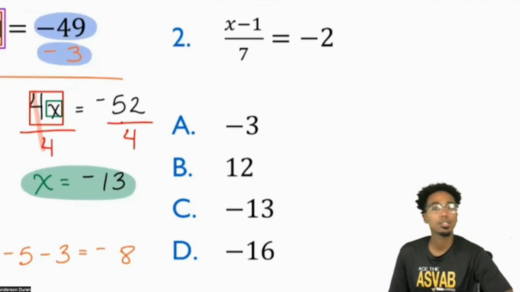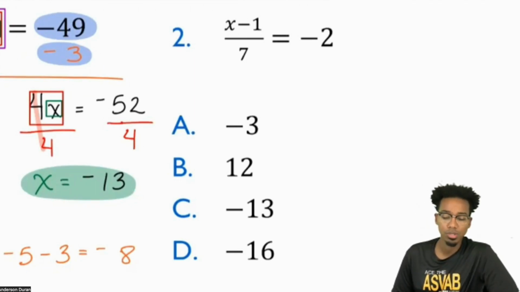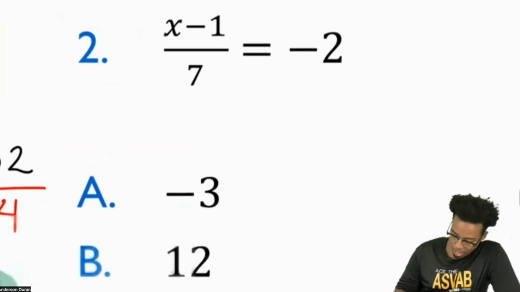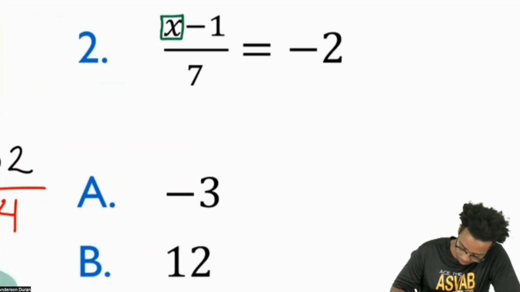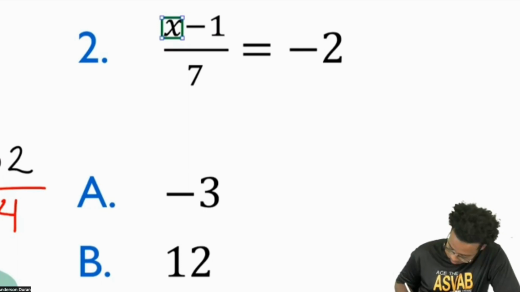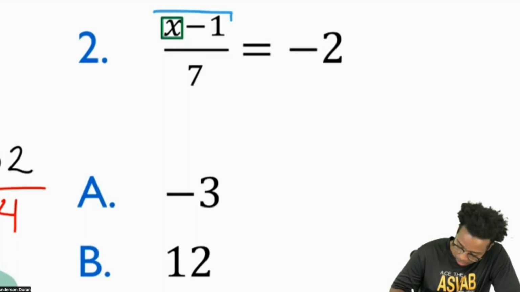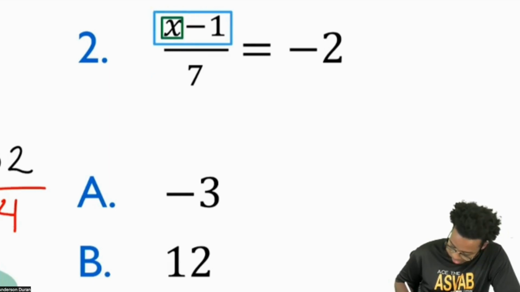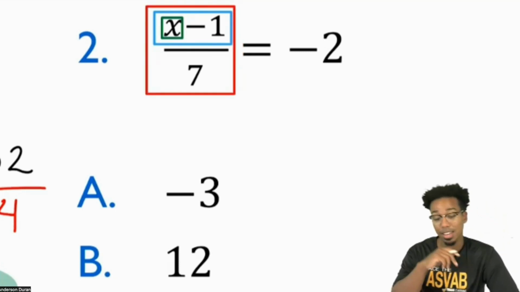We have x minus 1, all of it over 7, equals negative 2. So if we're taking a look at what's happening moving forward, I'm trying to get that x by itself. You do the whole numerator first, so what we're really looking at is subtracting 1. And then after the fact, you divide the entirety of whatever x minus 1 is by 7.